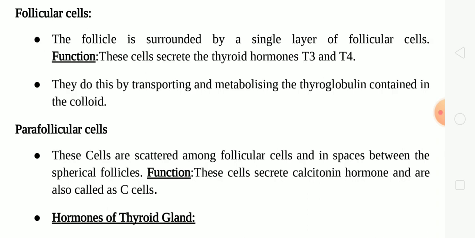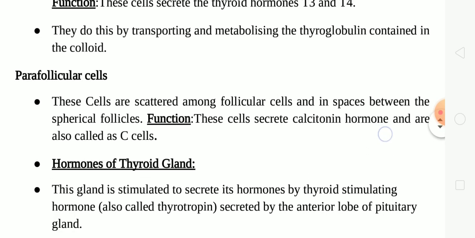Those hormones are T3 hormone and T4 hormone, and they secrete these two hormones by transporting and metabolizing the thyroglobulin contained in the colloid. As I already said, it is a precursor protein, and from the thyroglobulin the T3 and T4 hormones are synthesized by follicular cells.